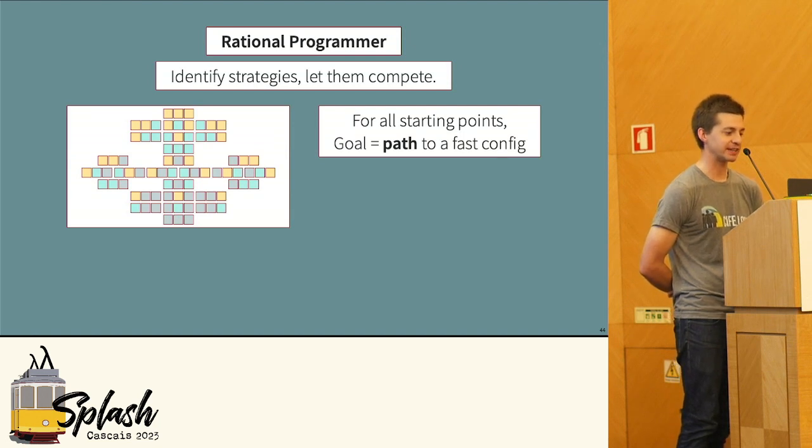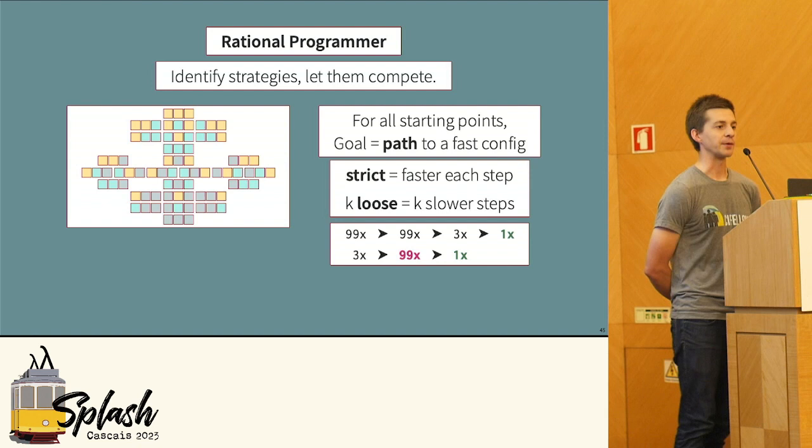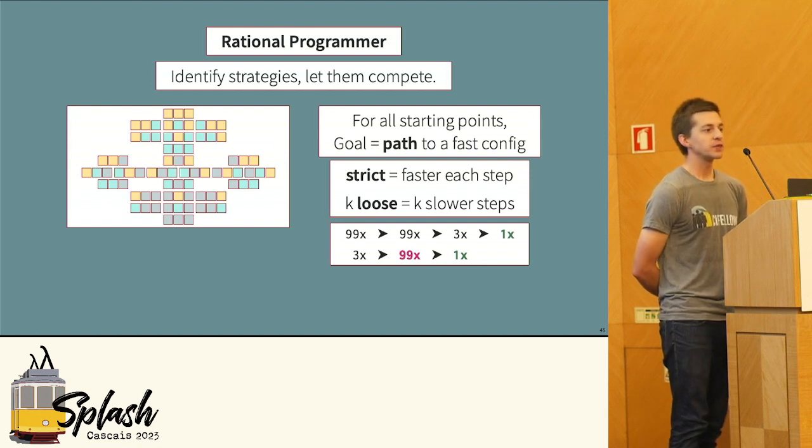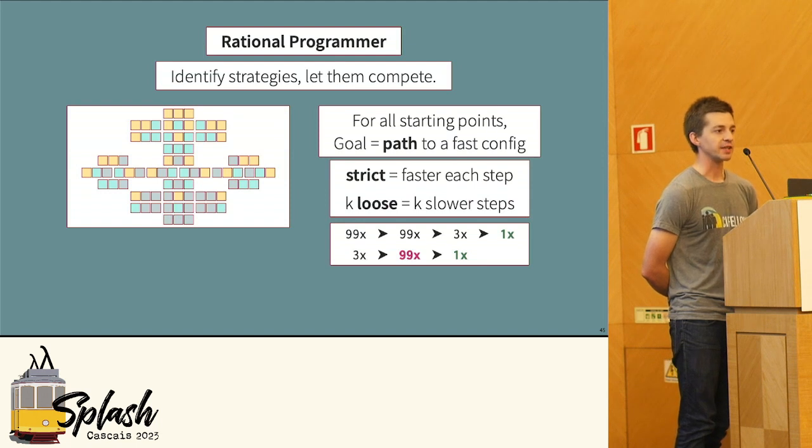Okay, so now finally, here's the setup for the rational programmer experiment. For all starting points and all the lattices, explore a path towards good performance. What is a fast configuration? That's one that runs at least as quickly as the untyped code. So you're doing at least as well as you were when you had no gradual types at all. And when I'm talking about paths, there are two criteria that we're going to use. A strictly successful path is like the first one on the bottom.